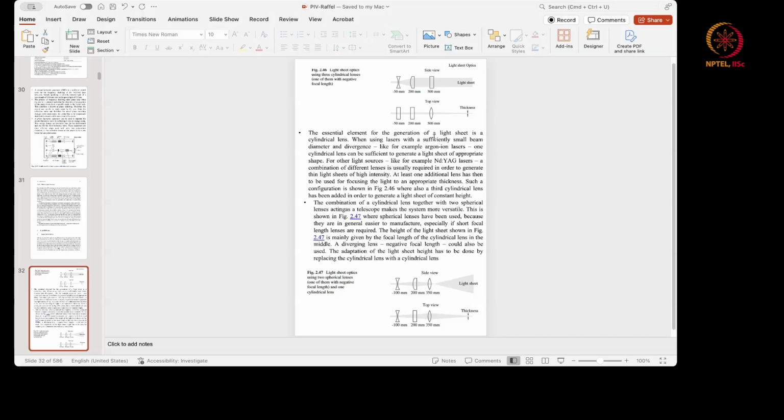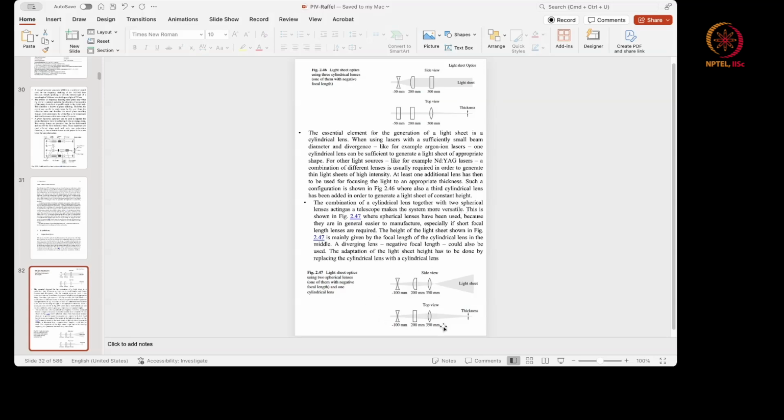If you look at the configuration over here, there is a third cylindrical lens also, that you can see, to generate a light sheet of a constant height. The combination of a cylindrical lens together with two spherical lenses acts as a telescope. That makes the system very versatile.